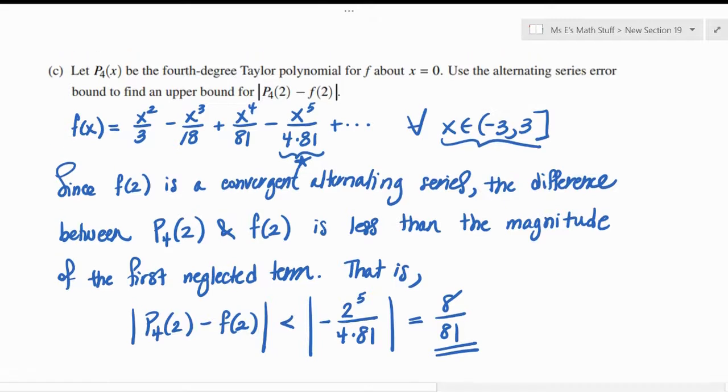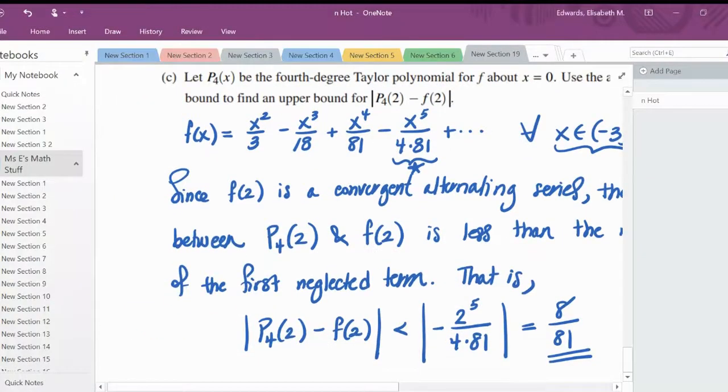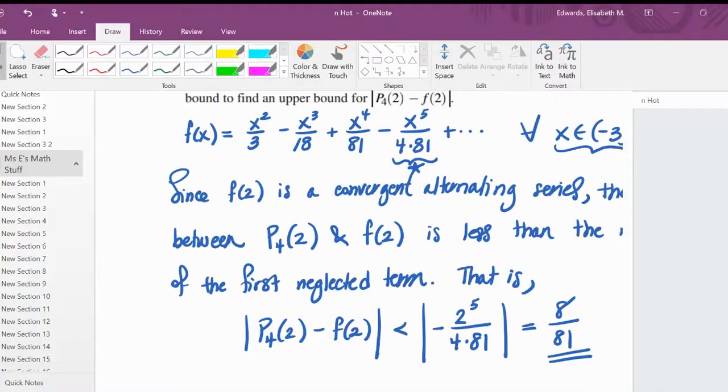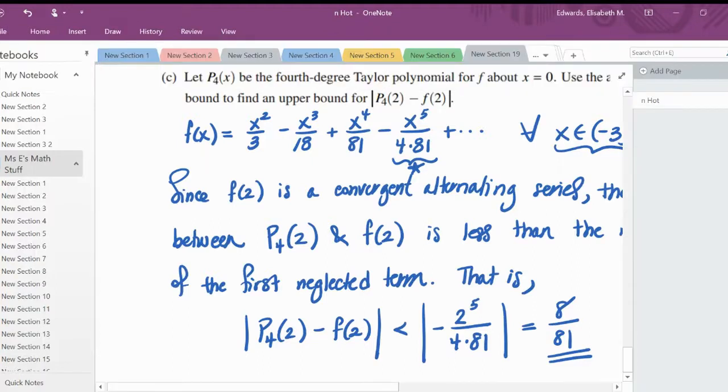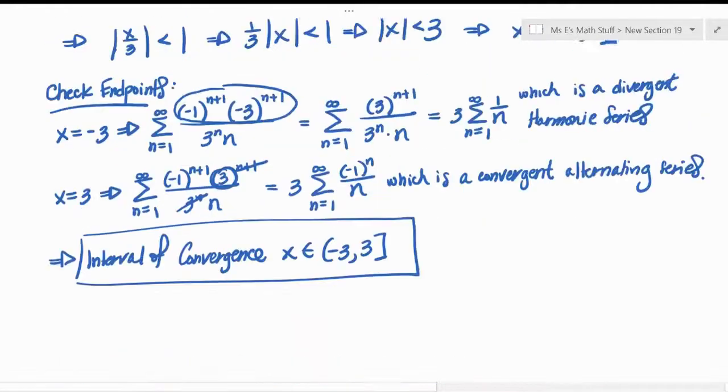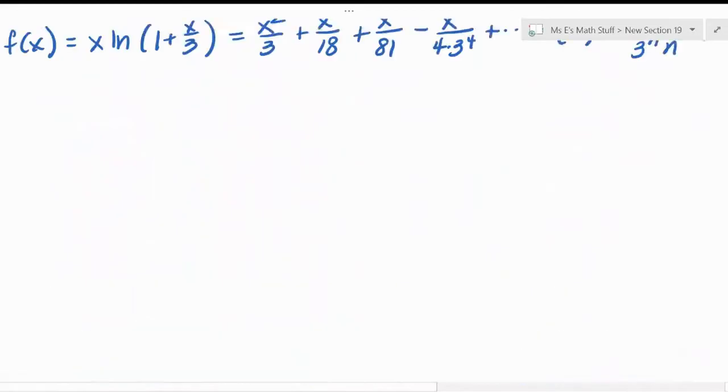All right, now for some scoring. Let me change my color here a little bit. Okay, so now for scoring, going all the way back up to the top.